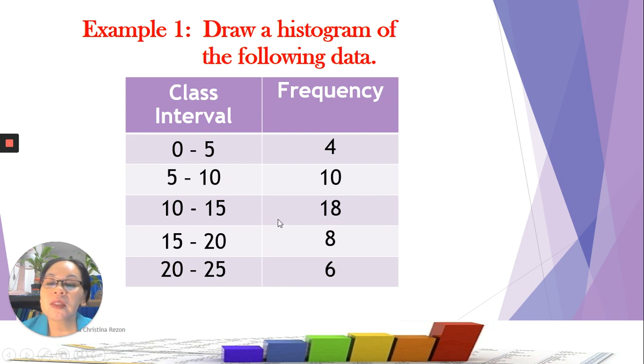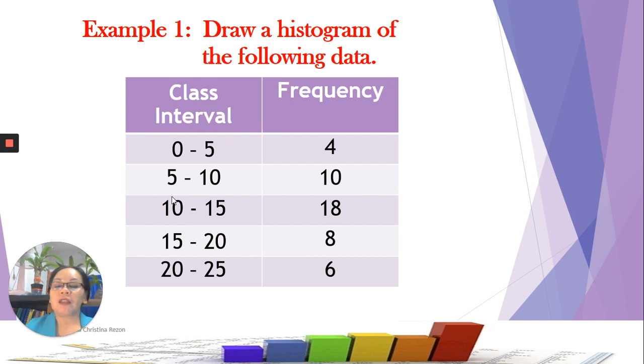Now, let's try to observe the class interval here. All the numbers on the left side are called your lower limit, and then to the right is your upper limit. Now look at the first class interval. The upper limit is 5, and then the second class interval, the lower limit is 5.